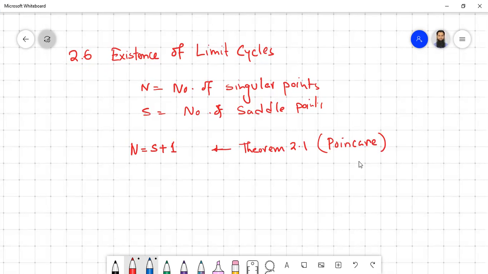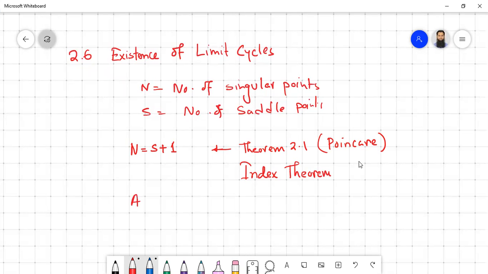So Poincaré's theorem, or sometimes it is also known as the index theorem. The derivation is a bit mathematically involved, so the author actually escaped that one. The intuition is relatively easier. The simplest intuition is that a limit cycle must enclose at least one equilibrium point.